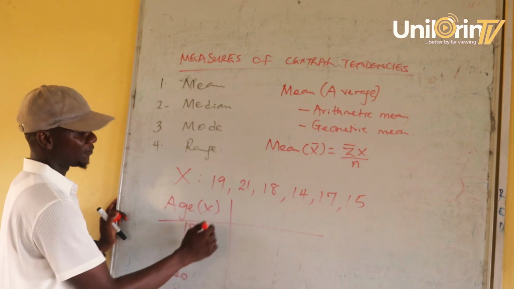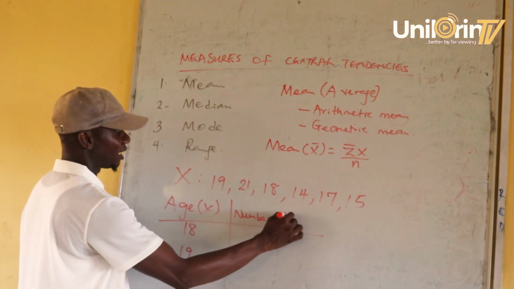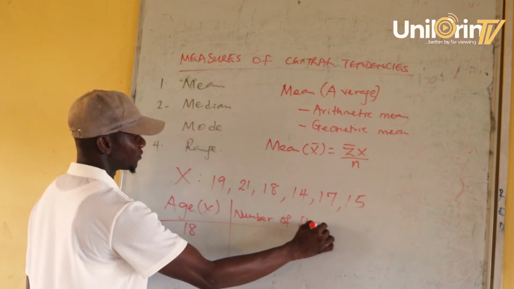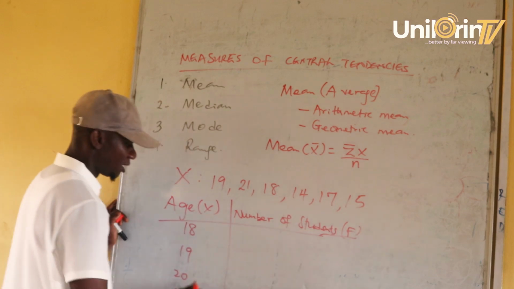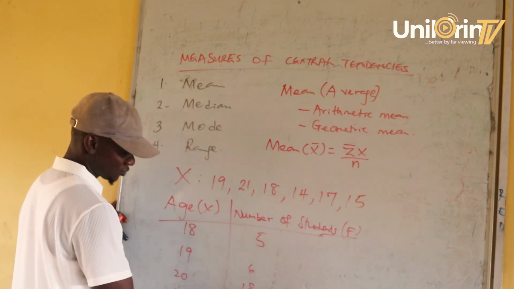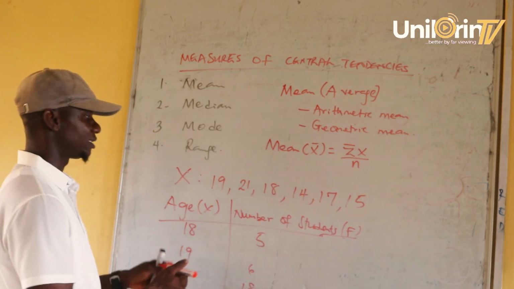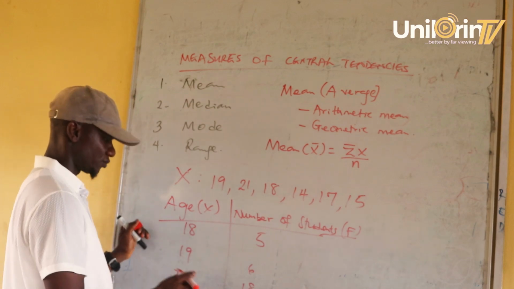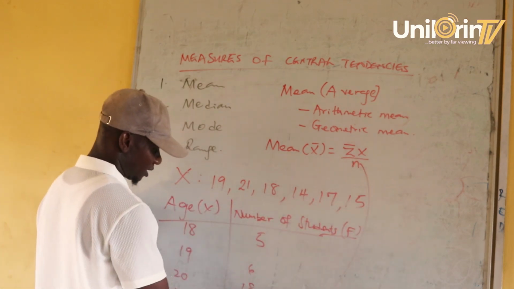Then we have the number of students at a particular age, which we call frequency. So let's say 5, 6, 18, 12, and 3. When we add the frequencies together, it tells us the total number of students we have.